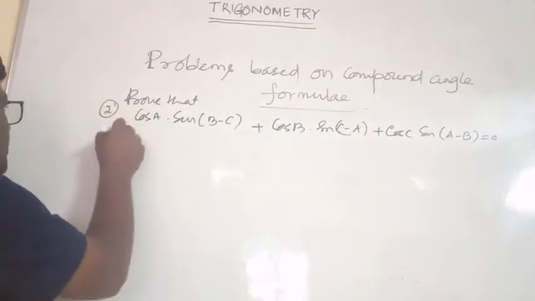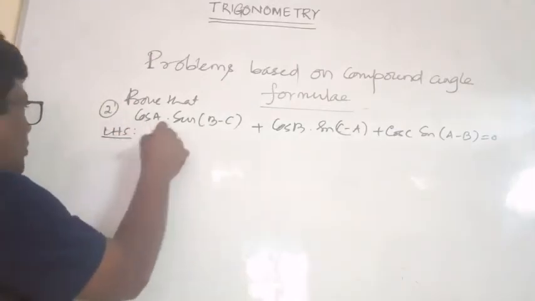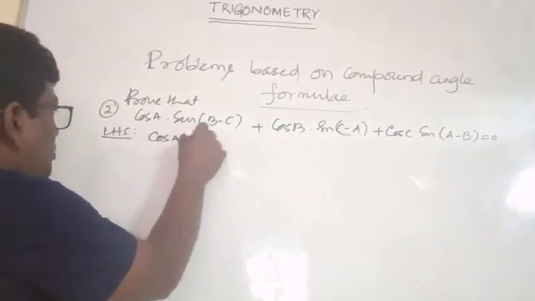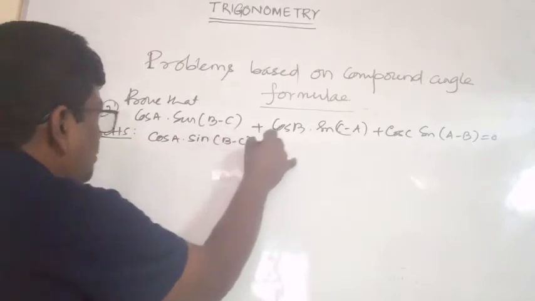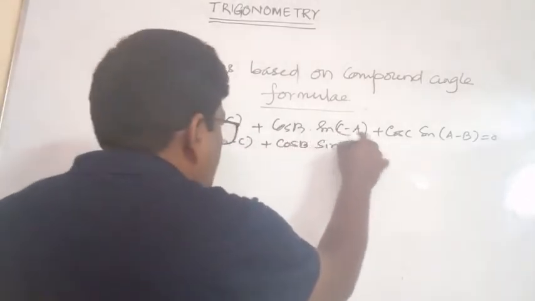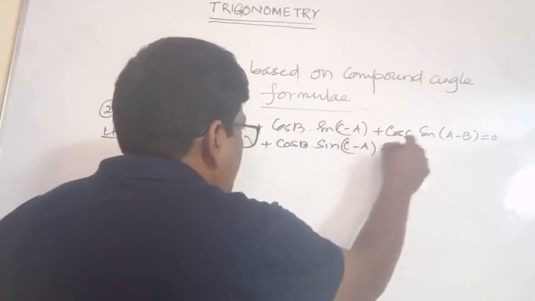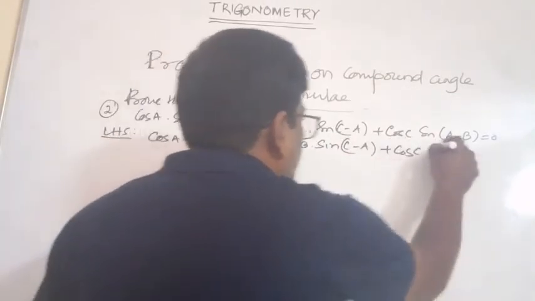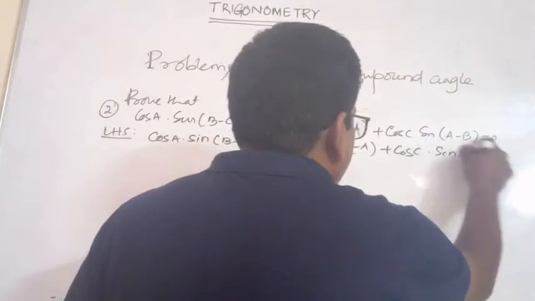Left hand side: cos A into sin (B minus C), cos B into sin (C minus A), cos C into sin (A minus B).